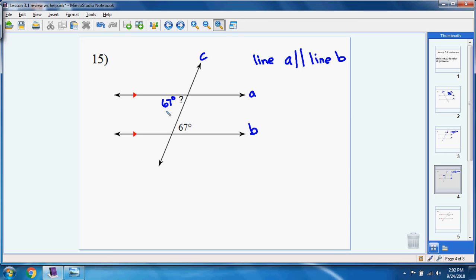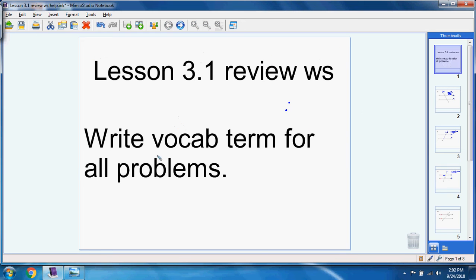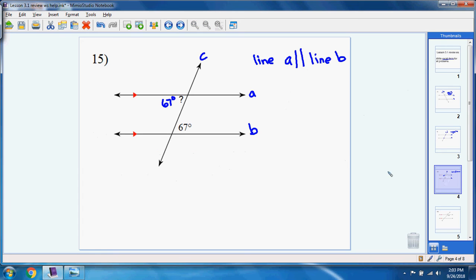And again, we want our vocab term. Again, the stuff that I said at the very beginning: write the vocab term for all problems. The vocabulary term is, okay, left, right. One's on the left, one's on the right. And if you notice, they're both on what we consider the inside.